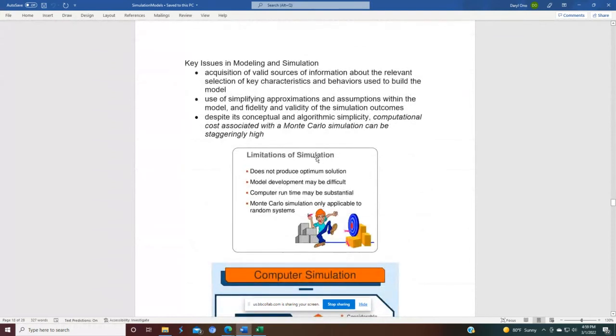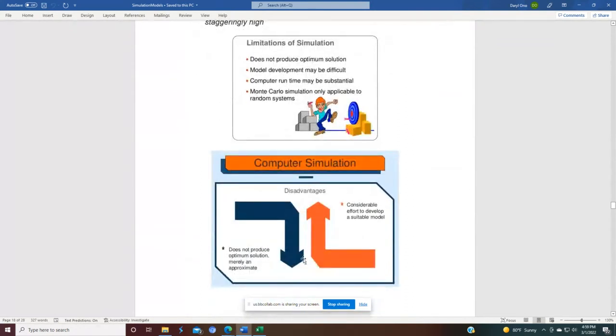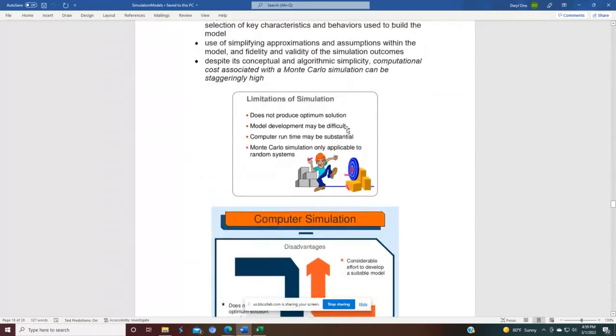Of course, simulation is not without its faults. Okay, you can look here and look at what some of the shortfalls of simulation are. But right here, we're going to do Monte Carlo simulation in real life with complex models.